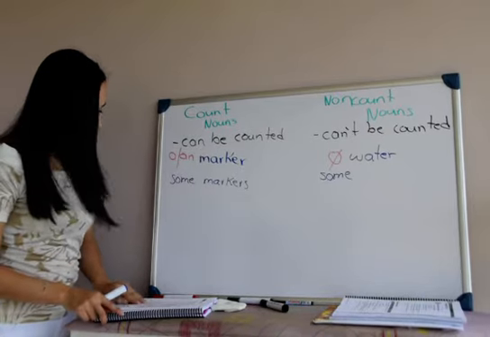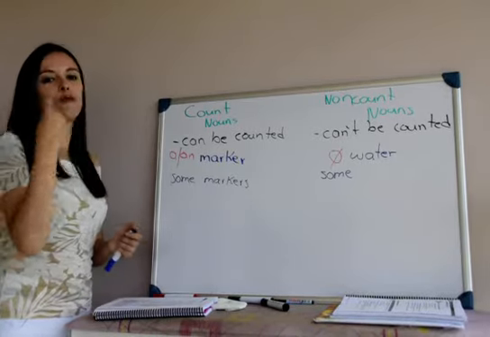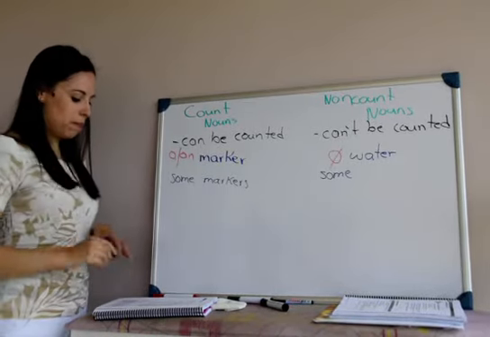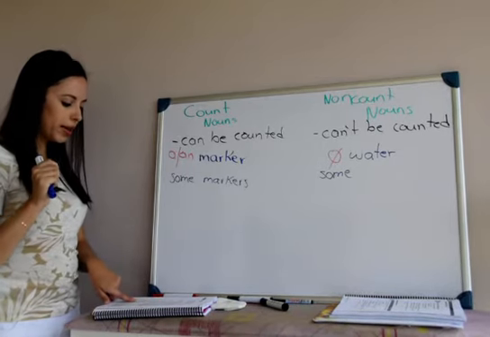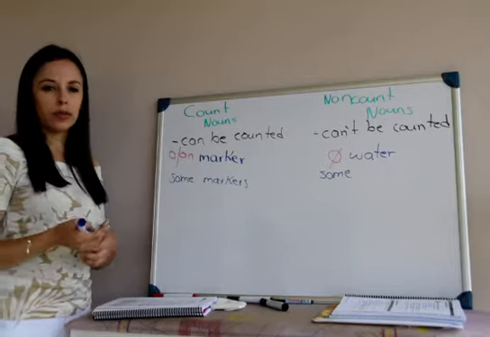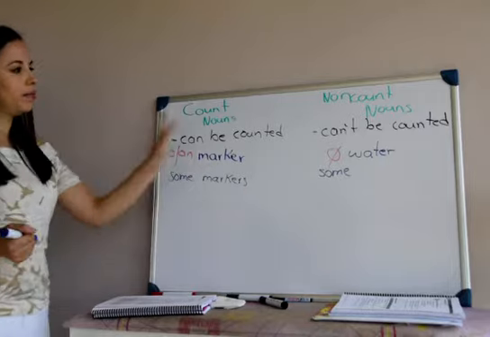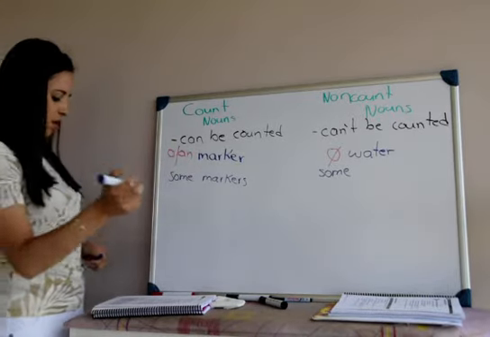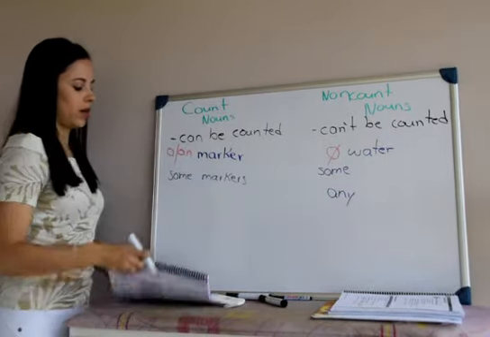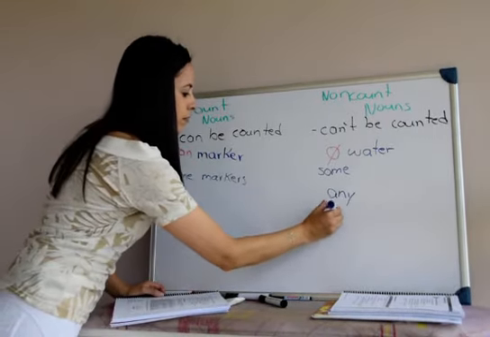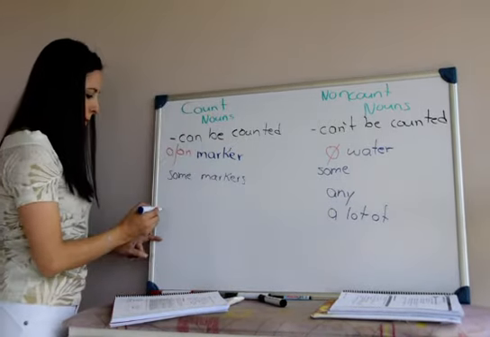So here you have more examples, like for example, the count nouns eggs. Okay, you can have 1 egg, 2 eggs, many eggs. But you have some juice or some butter, some salt, right? They are non-count nouns. Okay, so what are other quantifiers? We have some, we have any, we have a lot of, and we have many.